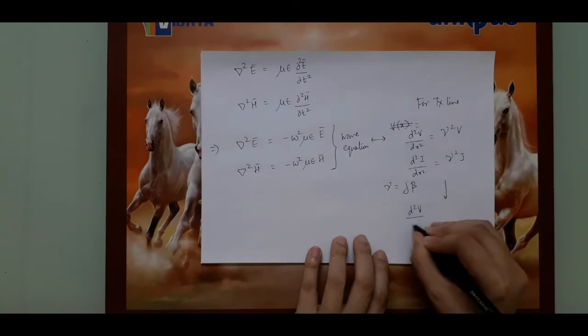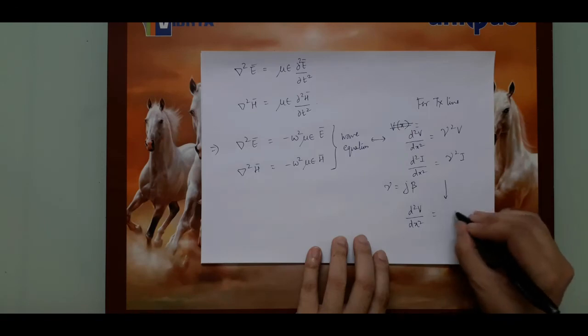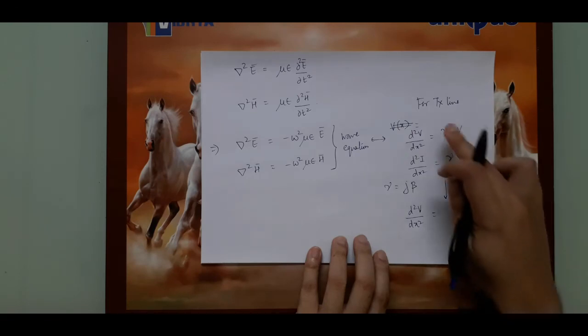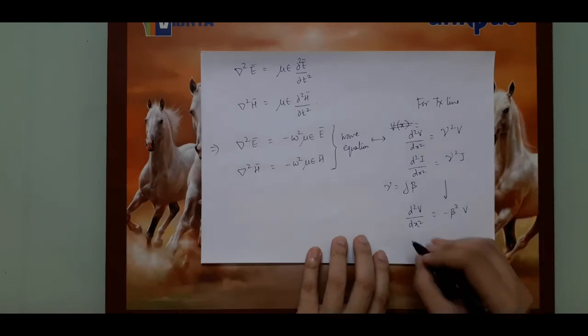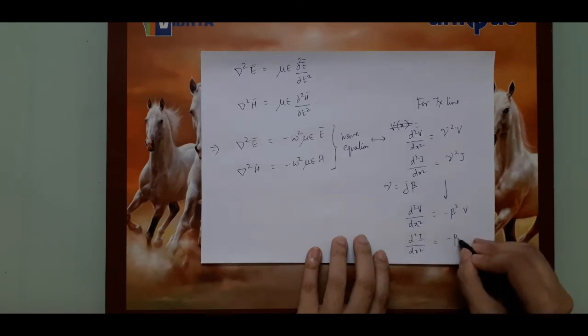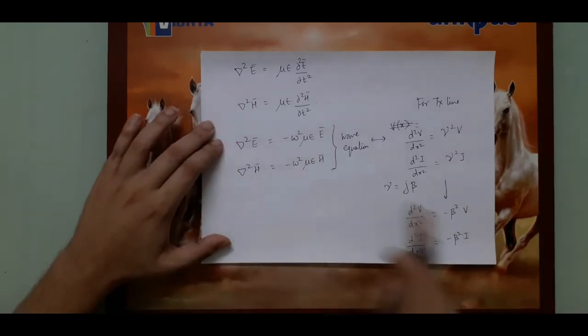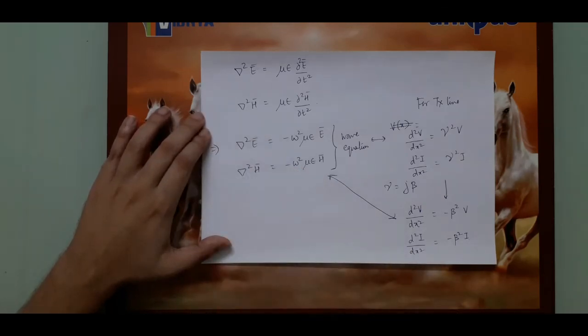It will become d square V by dx square is equal to j beta the whole square, so minus beta square V, and d square I by dx square is nothing but minus beta square I. So what we are seeing is that the wave equation in nature is very similar to the lossless transmission line, the solution for which is voltage and current, except that in space the solution is now E field and H field.